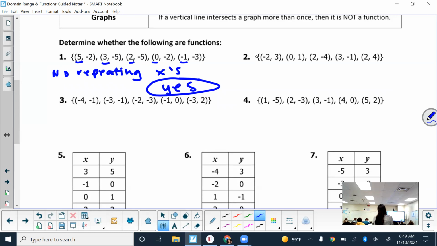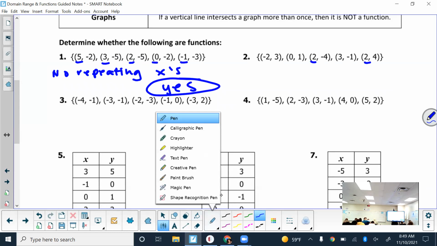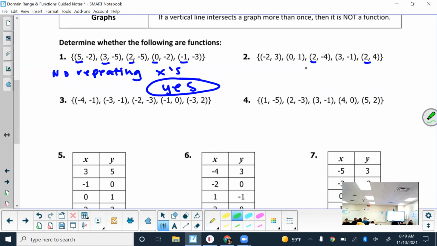Now look at number 2. Don't say it. Just look at it. Is number 2 a function? You can say it now. No. Good. What is wrong with it? There's 2 positive. Good. We have some x's that do repeat. And when you look at their y's, are they different? Yes.